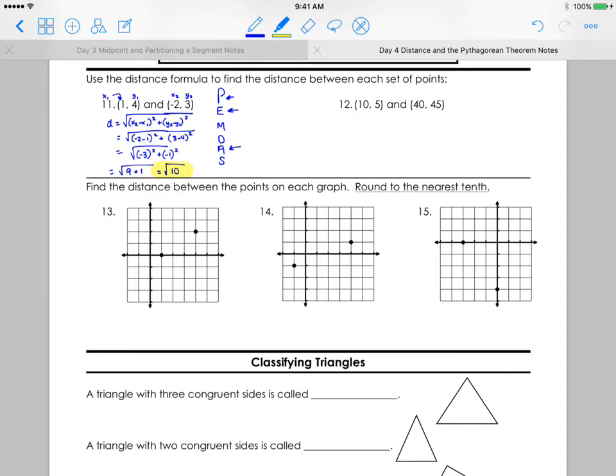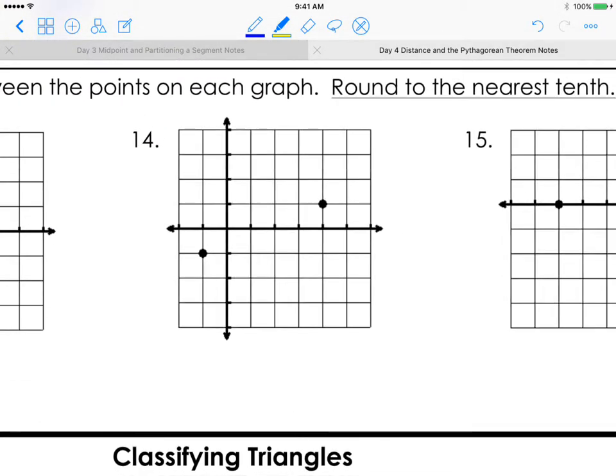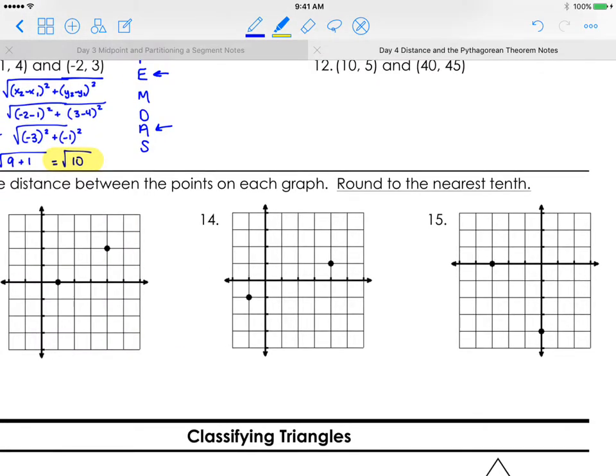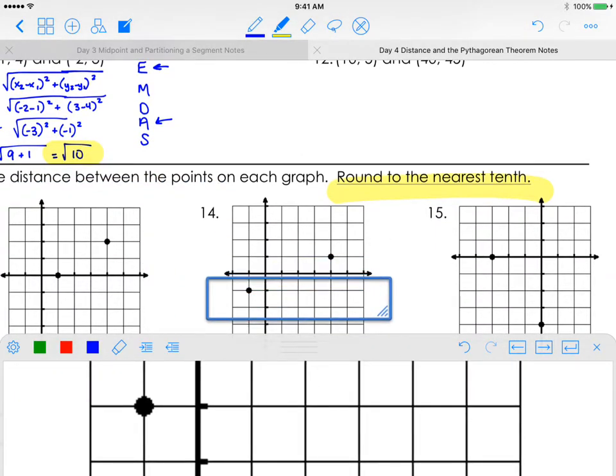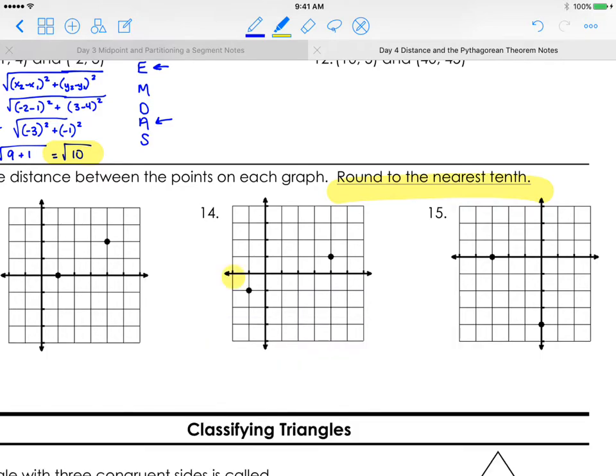Okay, let's look at 14. 14 looks like a great one. Hey, this time it wants us to round to the nearest tenth. I don't like that as much, but we'll do it because it tells us to. So the first thing we've got to do is identify our 2 points. Remember, we read graphs from left to right. So this one is our first point, while this one is our second point.